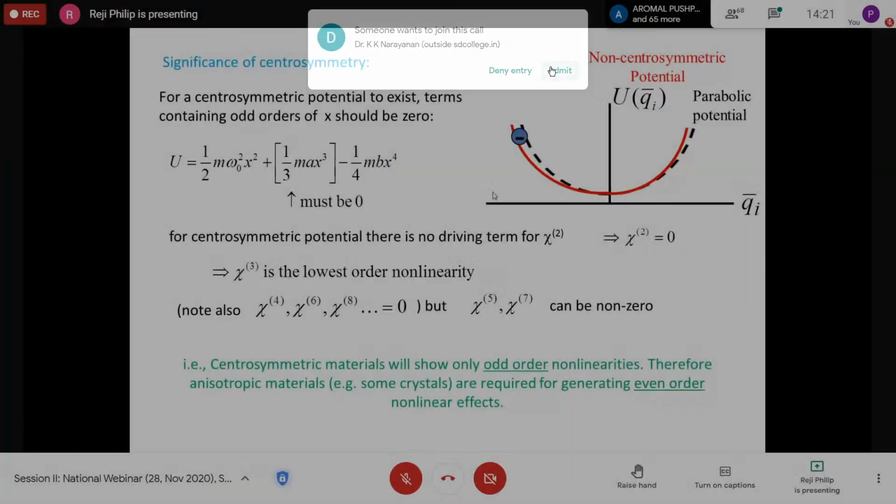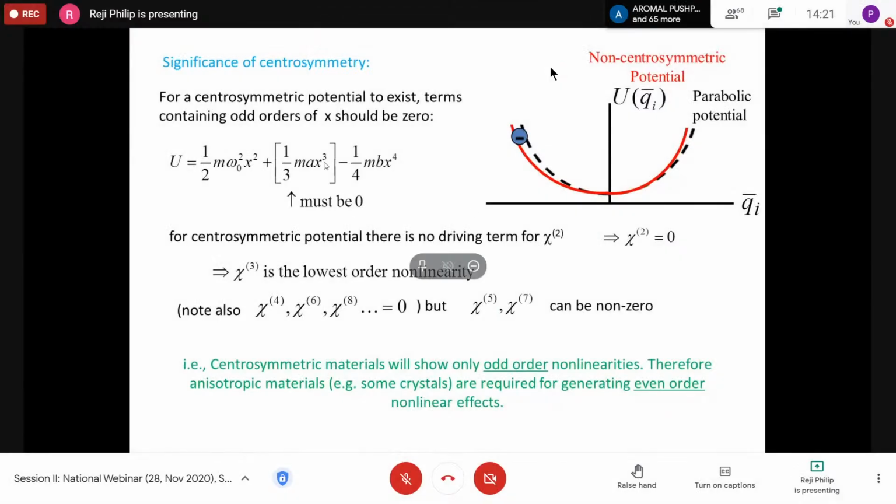The reason for this is that x cube is a positive quantity on the positive side, but it's a negative quantity on the negative side. So on the positive side, if you add these two things together, you will get a certain value. This is a positive term, this is a positive term, so they get added up on the positive side of x.